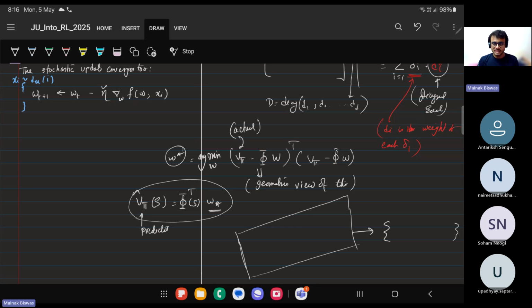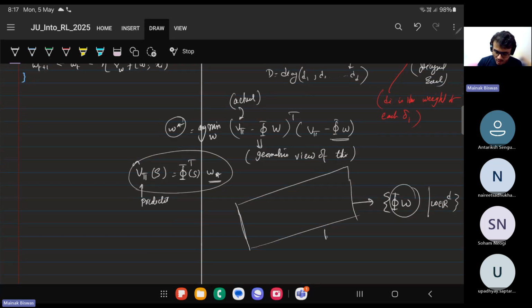As Antariksh was telling me last day, if W was a vector in R^d, this would just be the linear combination of all the columns, isn't it? So this is just the column space of features.